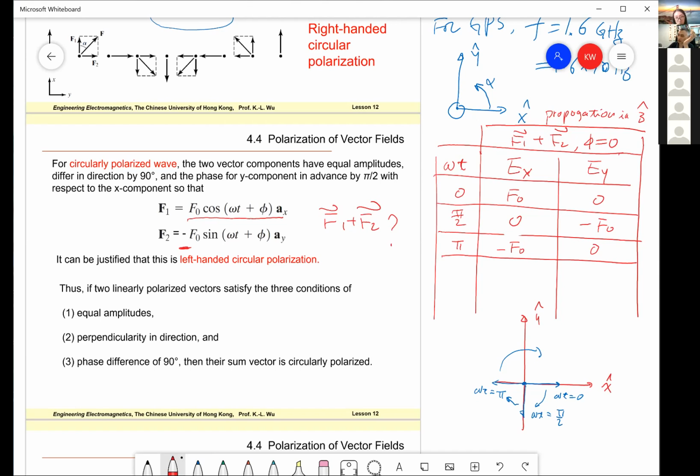So this is another more convenient way we can judge. For a given mathematical expression, we can judge if this is a circularly polarized wave, and if this is the left hand or the right hand.